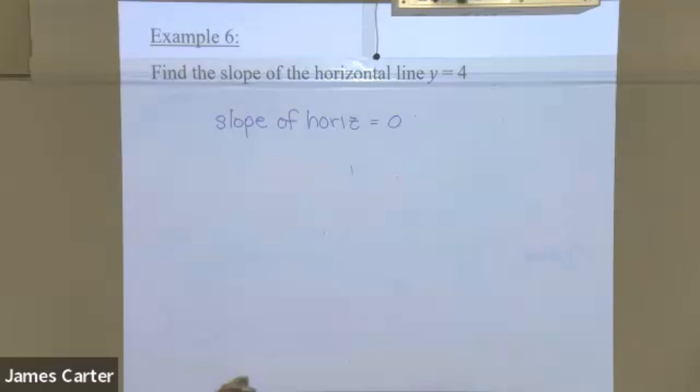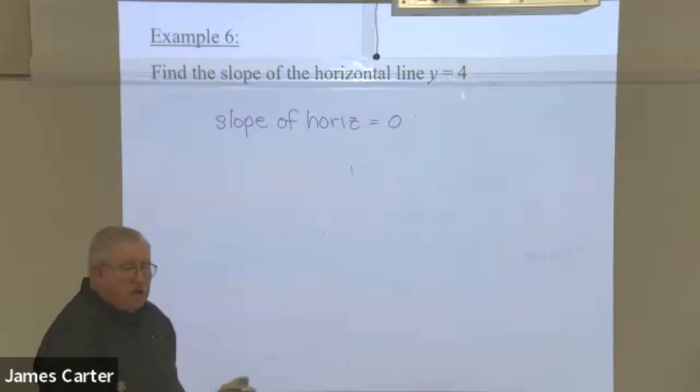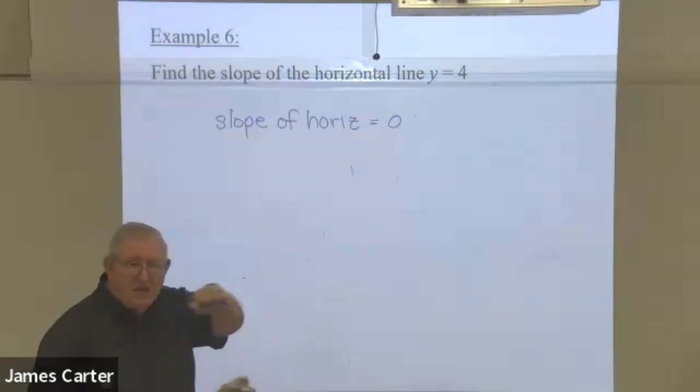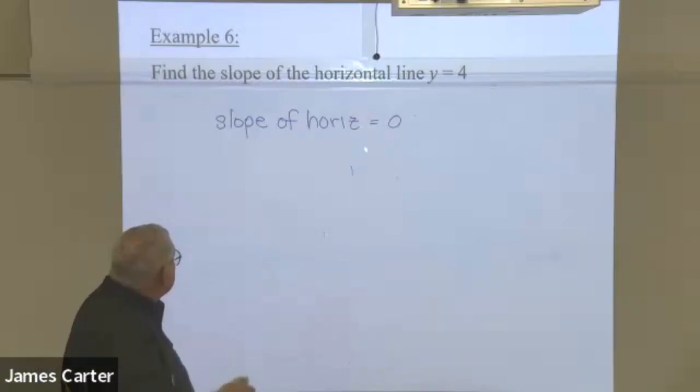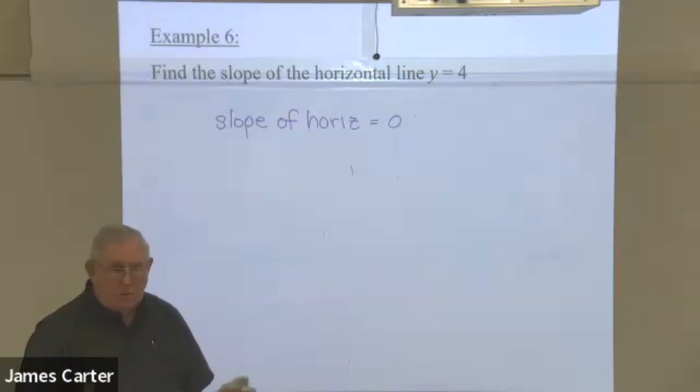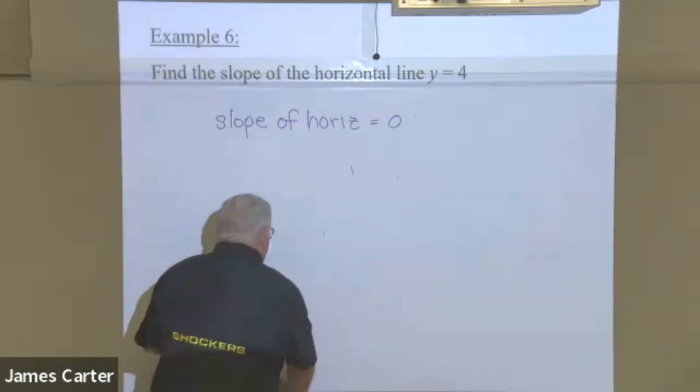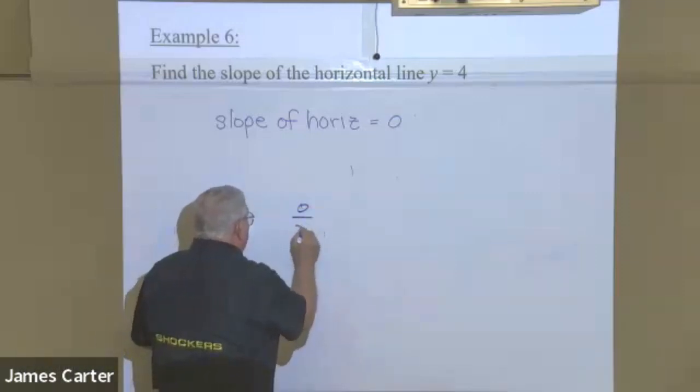Slope of a horizontal line. Okay, we've already talked about these are horizontal line because y is a constant. Y stays the same. It has a slope of 0. Now, that could be 0 over 20.